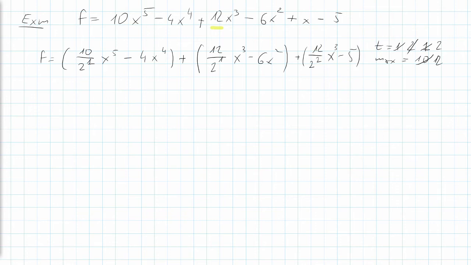And we write all the terms that we didn't use here. So this is 10 over 2 x^5 plus 12 over 4 x^3 plus x. This is our polynomial r. So our maximum now, m, is the maximum.